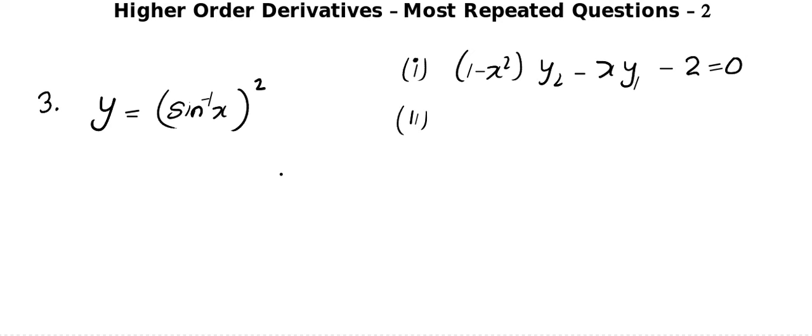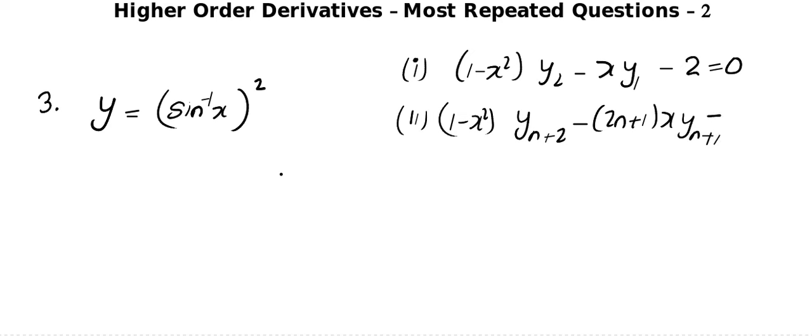And the second thing to prove is 1 minus x square into yn plus 2 minus 2n plus 1 x yn plus 1 minus n square into yn equal to 0. Why I call it special is, in examination I have seen that many students get confused how to find the general derivative of 2.